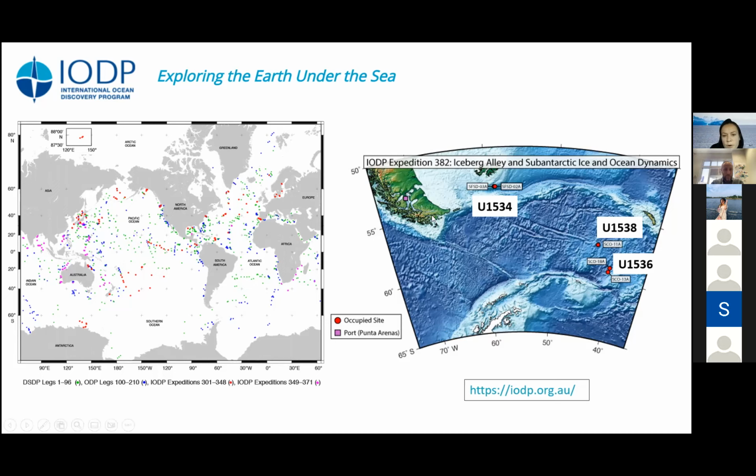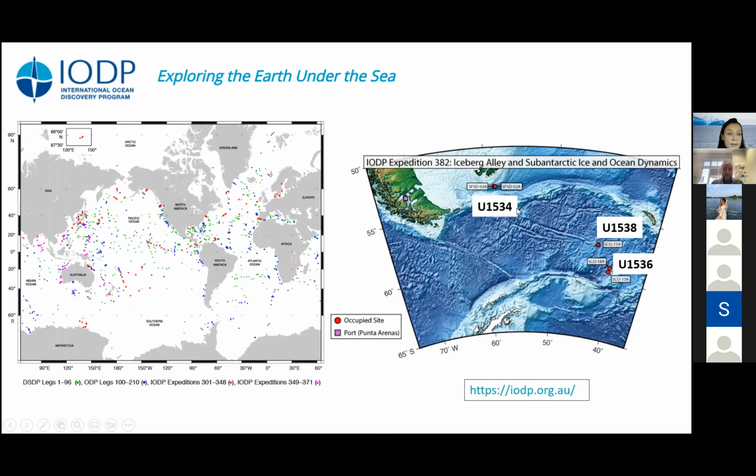We left from Punta Arenas and then traveled through the Drake Passage here towards the tip of the Antarctic Peninsula, and this region is the Scotia Sea. And so you can see a couple of tiny labels here on this map. That is because before we start heading there, we already have a good overview about which sites we're attempting to core.